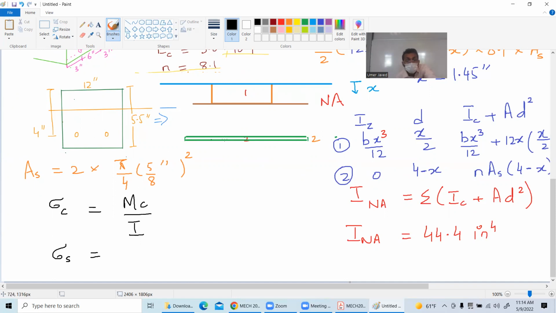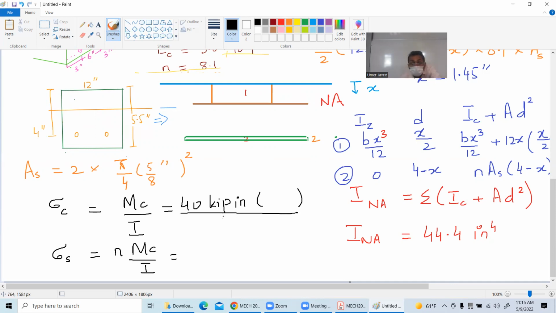So this time you will multiply by the n, then M, then C over I. The moment is given to me as 40 kilopound inches, multiplied by C divided by the I. Now, what is the I that we have found?